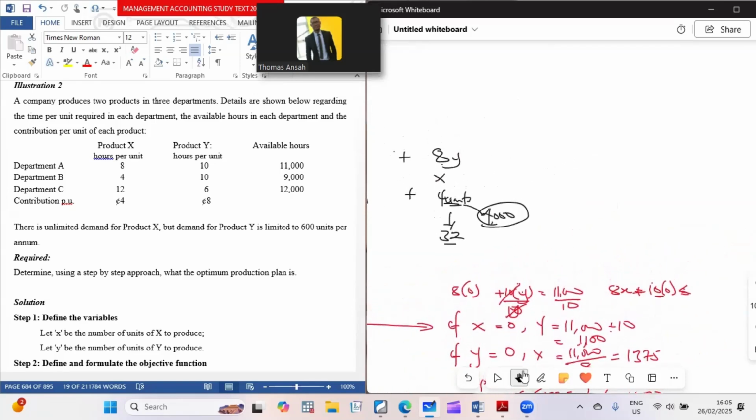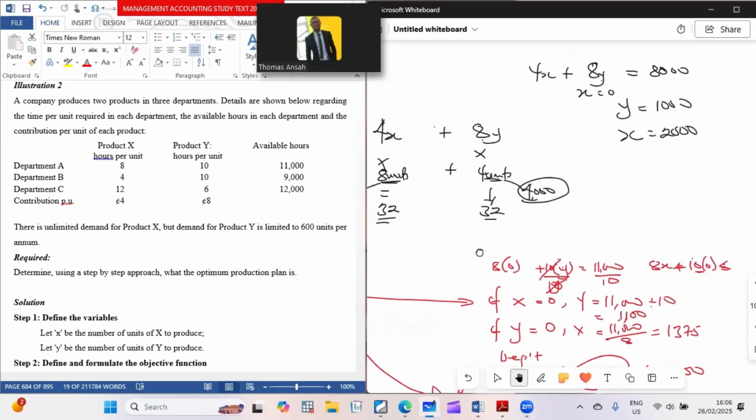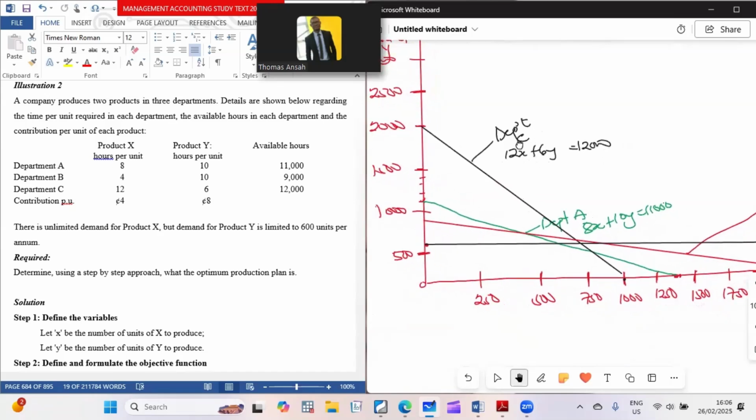From that equation, you could say 4x plus 8y gives us, let's say, 8,000. Where x is equal to 0, y will be equal to 1,000. And where y is equal to 0, x is going to be 8,000 over 4, so that is giving you 2,000. You can do the same for the other one. 4x plus 8y is equal to 4,000. So 1,000 on the y, 2,000 on the x.